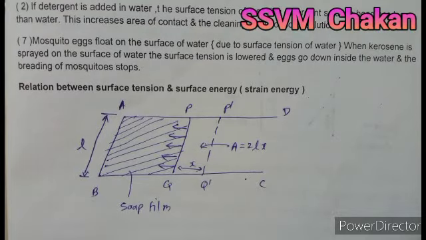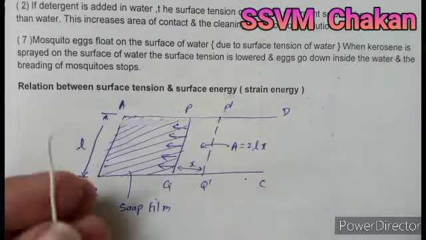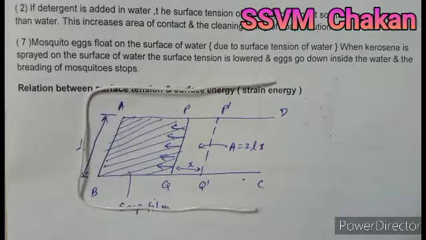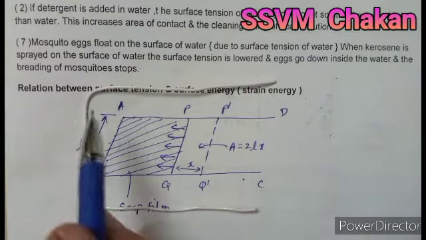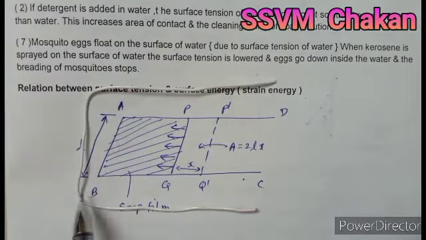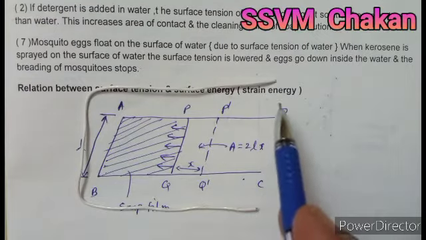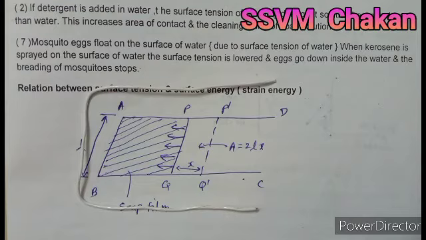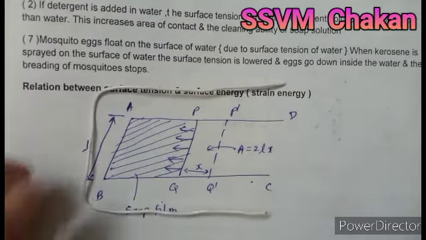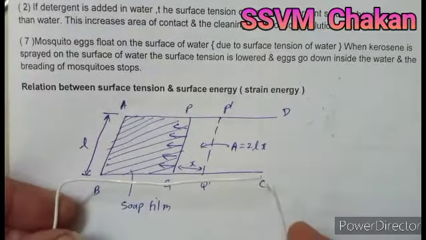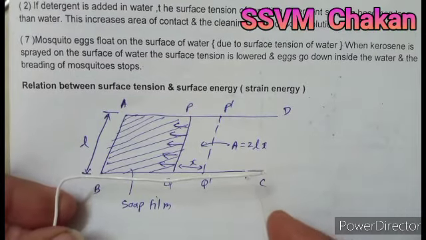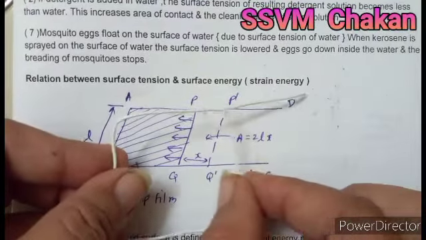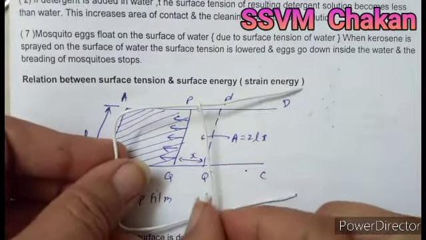Relation between surface tension and surface energy. We consider a rectangular frame, which is known as an open end rectangular frame, having the name A, B, C, D. This end is open, so it is called an open end rectangular frame A, B, C, D. We put one more wire over this rectangular frame so that it can freely slide over it.